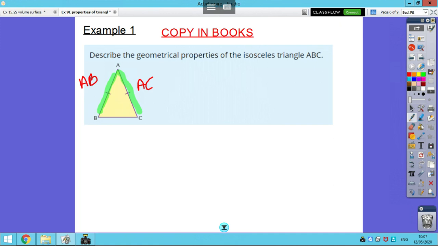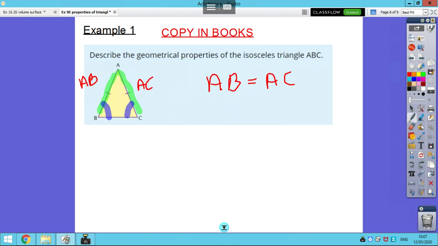Okay, so I need to say that they're equal. So all I do is say that AB equals AC. And there I've said that it has two equal sides. Now I need to think about the angles. Well, I know that this angle here and this angle here are the same. So how can I write that?